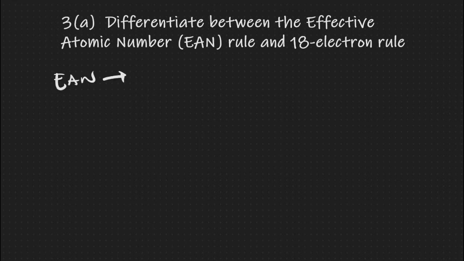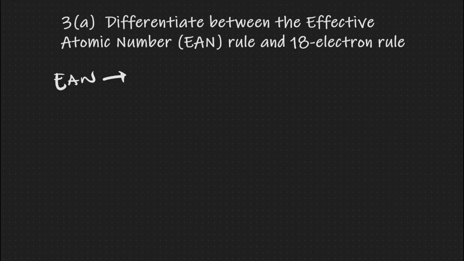So the effective atomic number rule, which is also known as the EAN, says that in a number of metal complexes, the metal atom tends to surround itself with sufficient ligands such that the resulting effective atomic number is numerically equal to the atomic number of the noble gas element found in the same period in which the metal is situated.